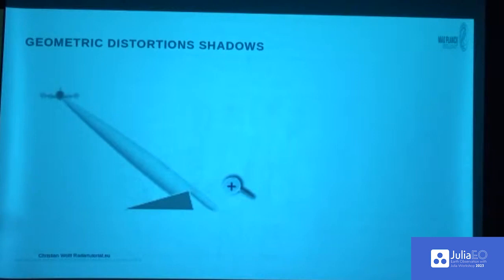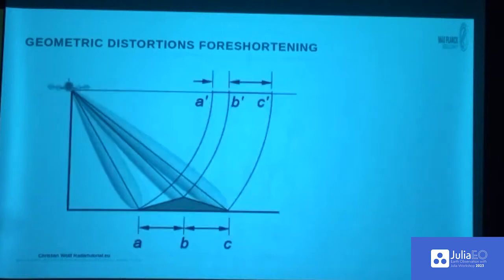So if you have a high mountain, you could have shadows in the image because you can't reach what is behind the mountain. You can have foreshortening. This just means that the slope of the mountain that is turning back away from the satellite is appearing larger in the SAR geometry.